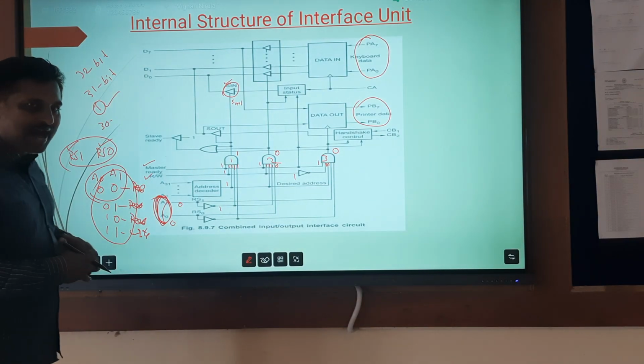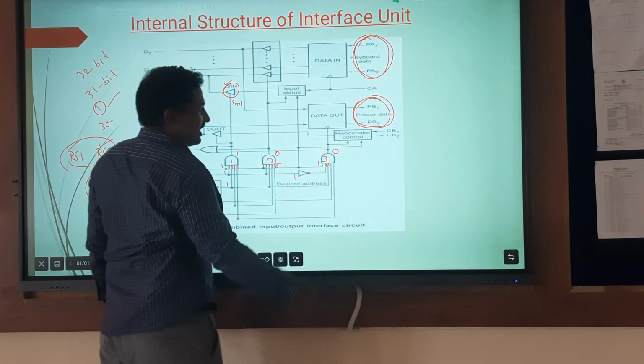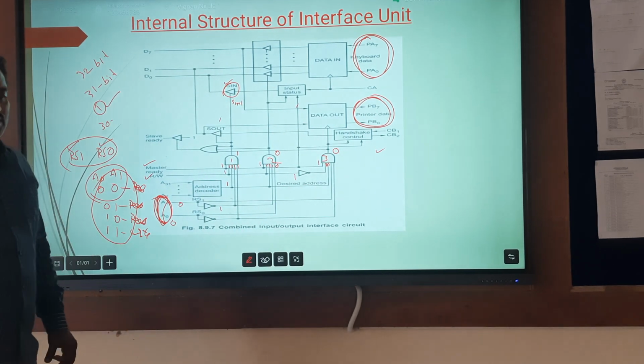This is the combined parallel interface circuit for communication between the processor and the slave devices. This is the combined circuit. This is the parallel circuit. Here we are having 8 input lines, here also we are having 8 input lines. All these things I discussed in the previous cases also individually.